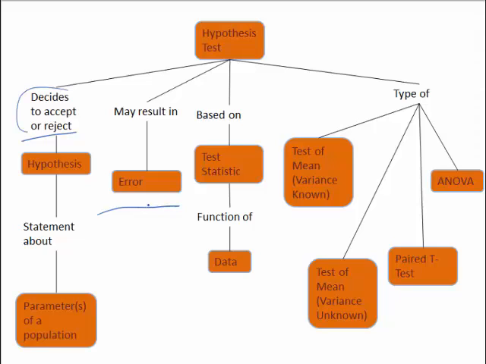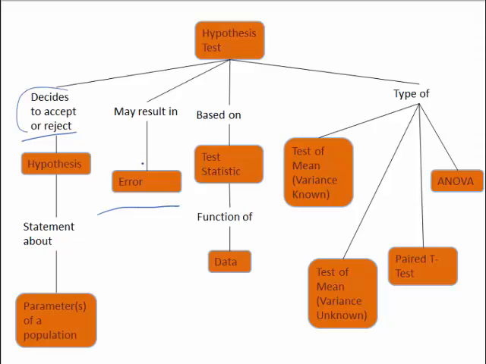One of the things we'll talk about later on is that we have a certain level of confidence associated with these decisions we're making, but even with that confidence, we are still assuming a certain amount of error.